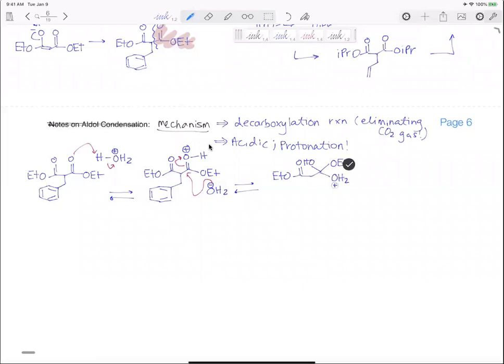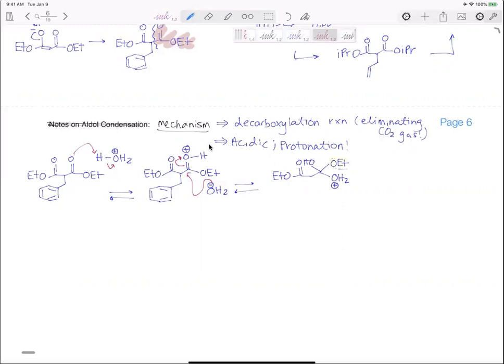Okay, now this is similar to the hydrolysis of acetals and ketones, right? Where we have to make the R group leave. So in this case, it's the ethoxy group. It needs to leave. And how is it going to leave? It's going to make itself a good leaving group first. So it will attack the proton.